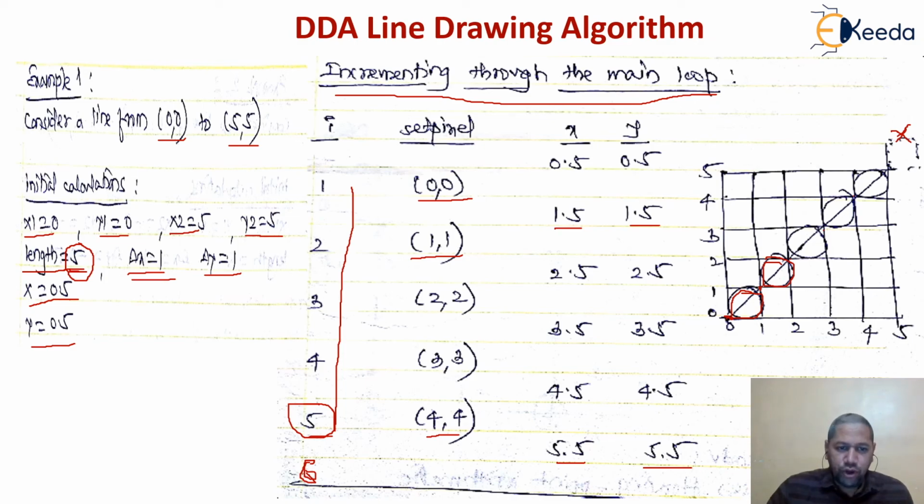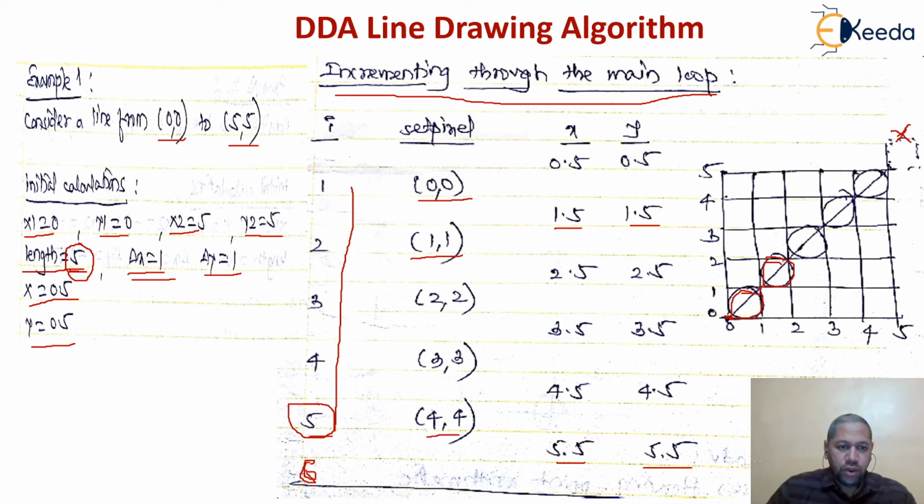My starting point is 0 0, the end point is 5 5, and I'm activating a maximum of 5 pixels here: 0 0, 1 1, 2 2, 3 3, 4 4, but this one is not activated. This may be considered a problem, and we will discuss how it can be solved in the next algorithm, Bresenham's line drawing algorithm.